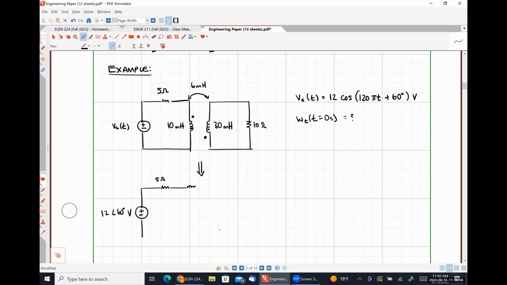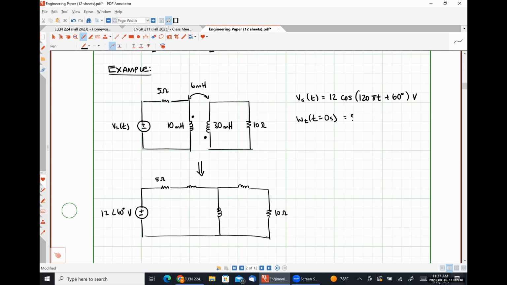An inductor here, an inductor here, and a 10 ohm resistor here.